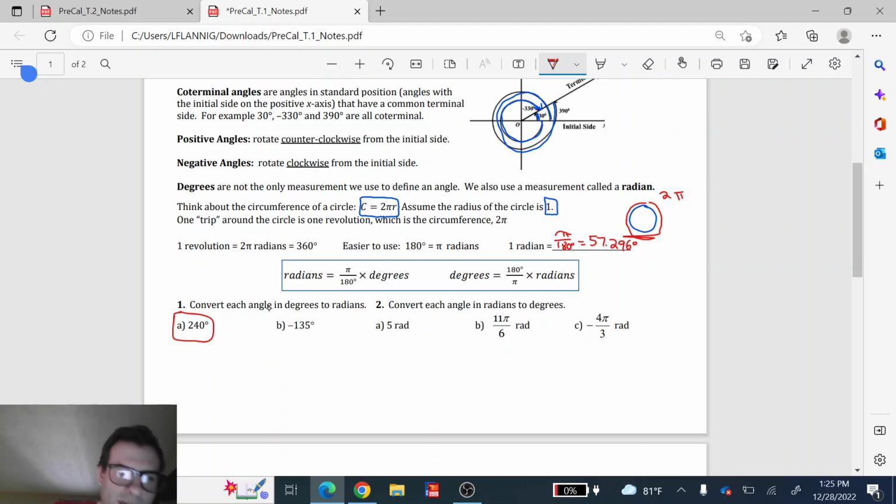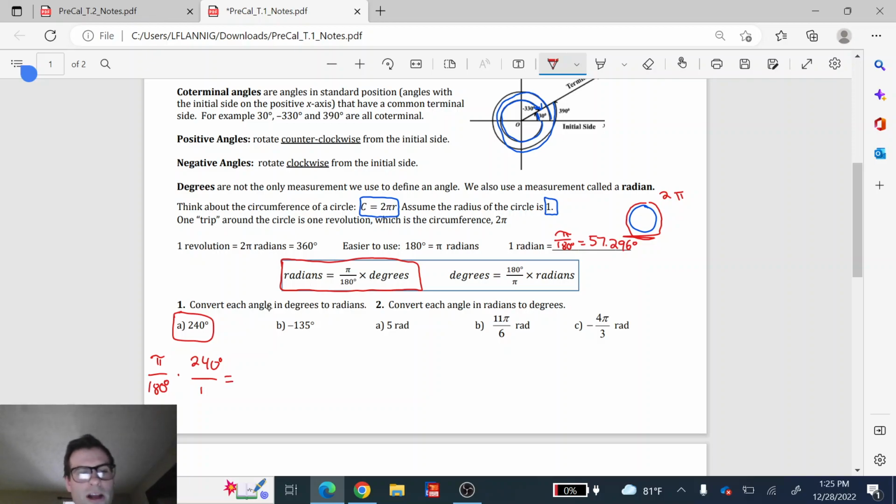The way to get from degrees to radians is to do pi over 180 degrees times the number of degrees, which we have 240. And I'm going to make this into a fraction, 240 over 1.